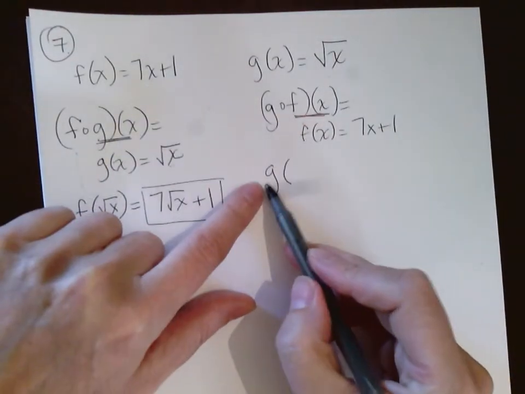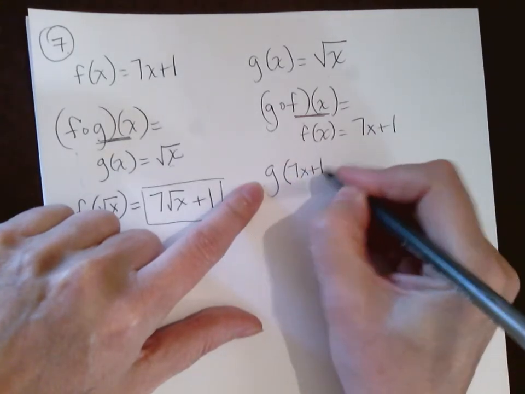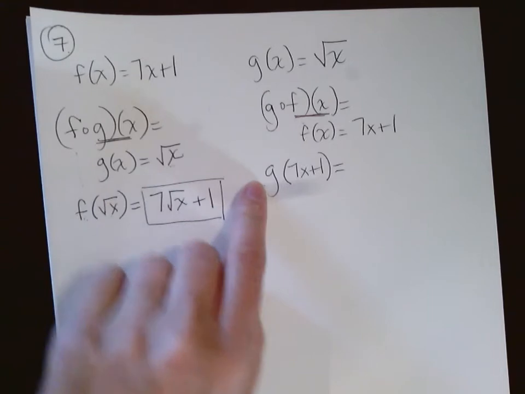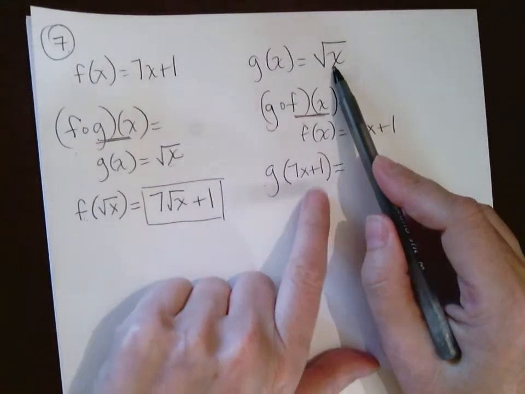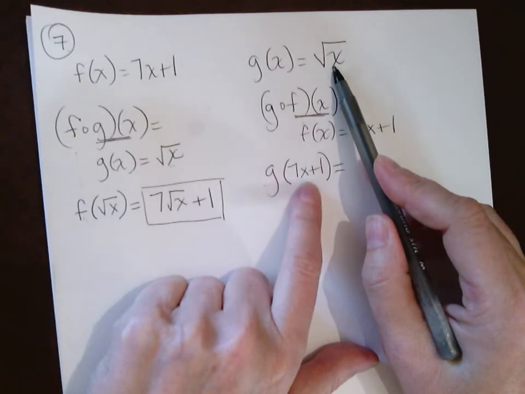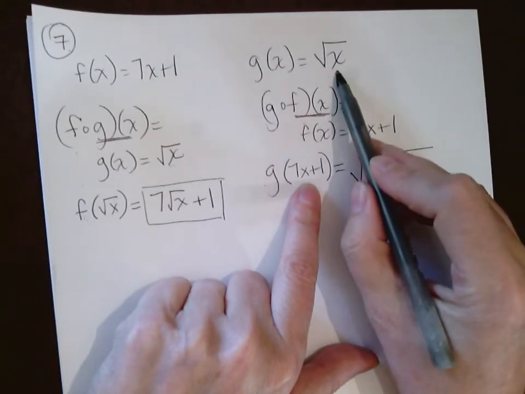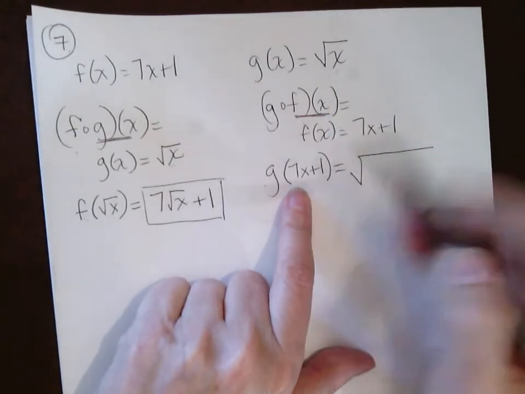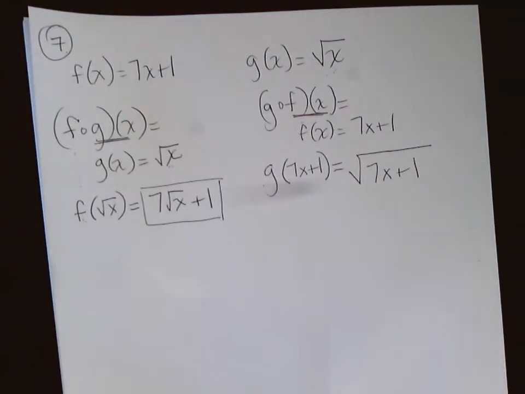So now I'm finding g of whatever that answer was, so 7x plus 1, which means go to my g function, and wherever I see an x, I'm going to replace it with 7x plus 1. So I have the square root. And then under the square root, instead of writing x, what am I going to write? 7x plus 1. Now, that's as far as either one of those can go.